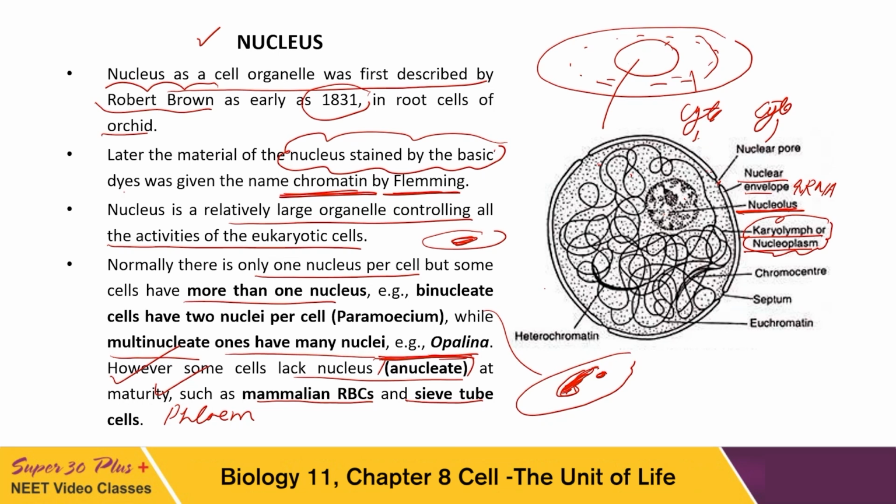Then there is the chromocenter, and euchromatin. Right now you can see that this whole thread-like structure is known as chromatin. This chromatin we can divide into two types: heterochromatin and euchromatin. We will see the details of this in time to come.